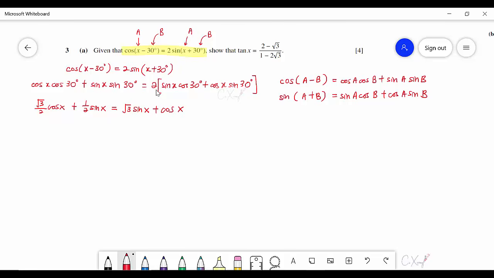Okay, so next step, you look at the answer that they want. They actually want you to get something related to tangent x. So to get the tangent x, you should try to think about sine x over cos x.